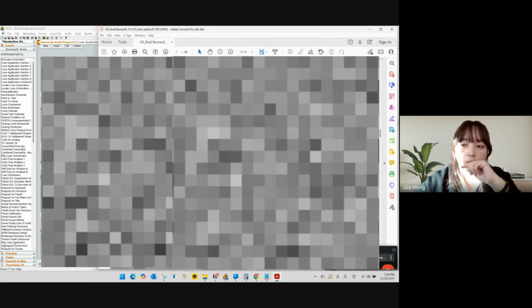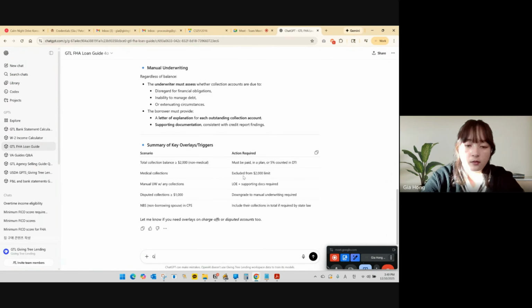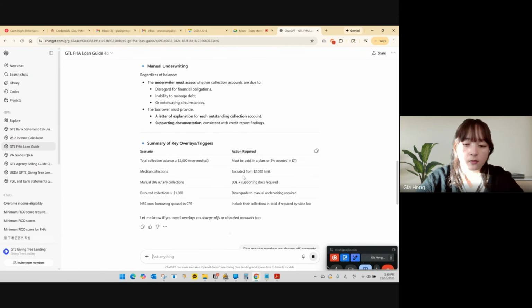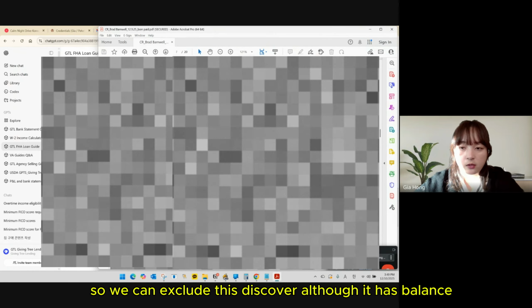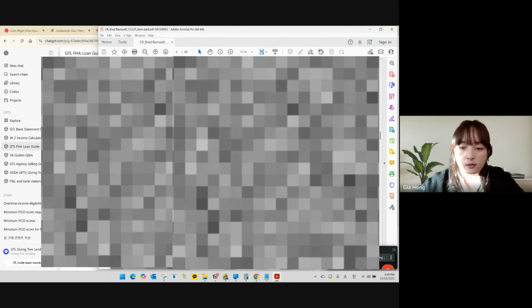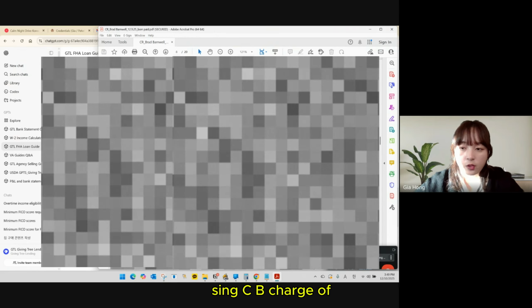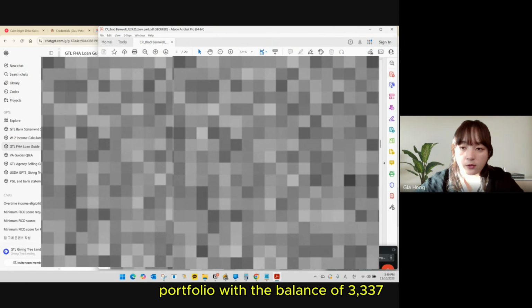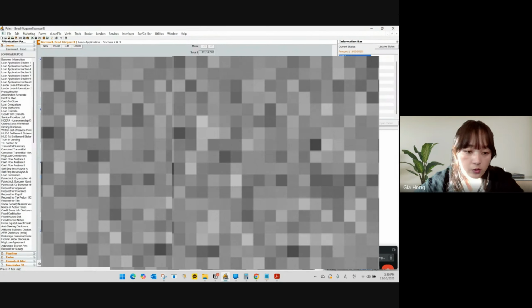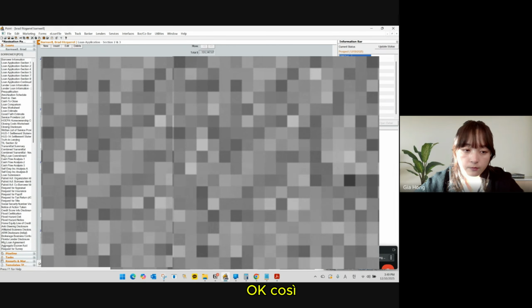Okay. And this is charge off. Let me see the charge off guidelines. Okay, it can be excluded. So we can exclude this Discover, although it has a balance. This CB, charge off. This one is collection portfolio with the balance of 3,337. So this must be paid off at closing.